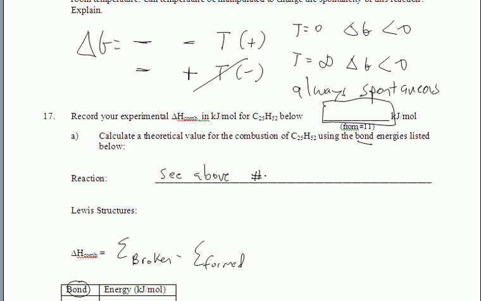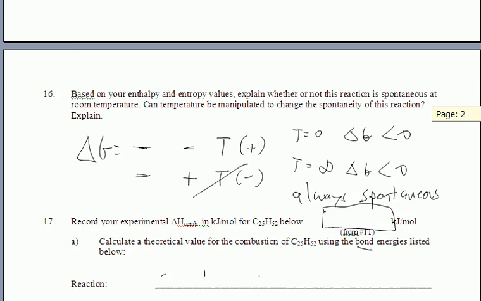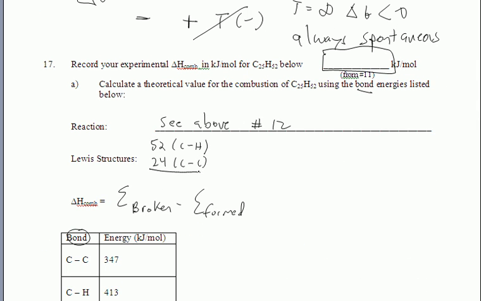I believe that was number 12, 13, one of those. The loop structures for paraffin is really tough, but what you really want to focus on is there are 52 CH bonds in there, and there are going to be 24 CC bonds in there. You can come and discuss this with me in class if you're not understanding that.